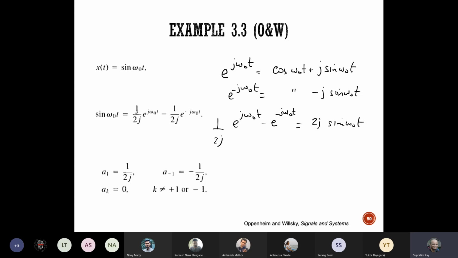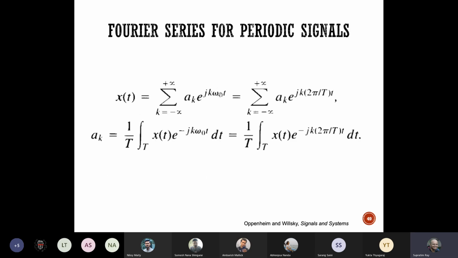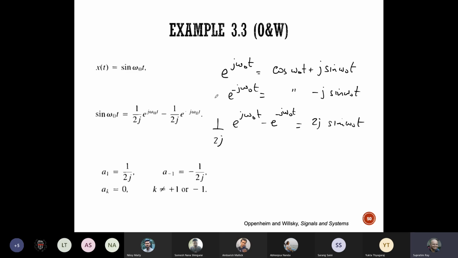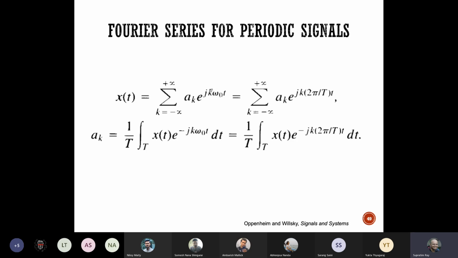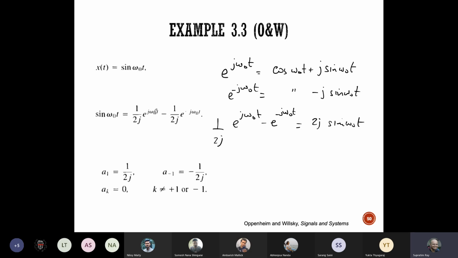Now if I look at my original formula, it's very straightforward. A1 is 1 by 2j. A1 is the coefficient related to e to the j omega naught t. So that coefficient is 1 by 2j, and A minus 1 is minus 1 by 2j.